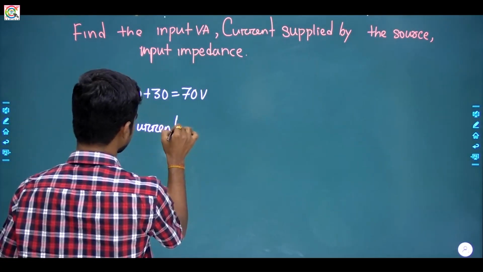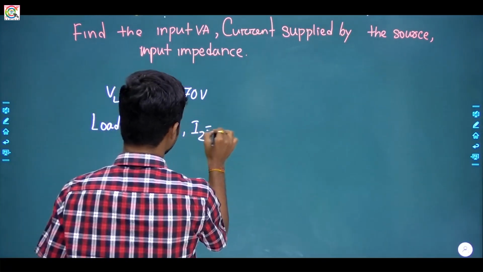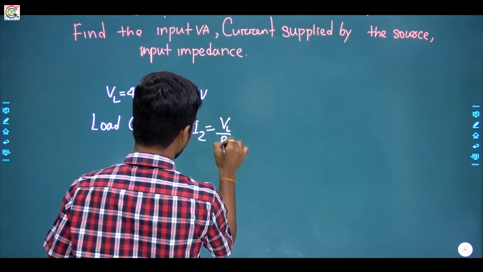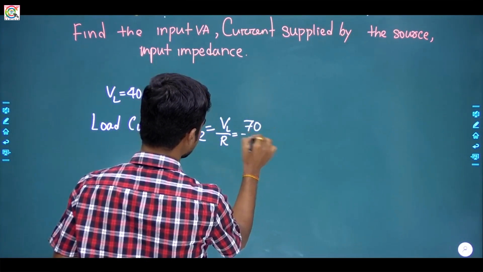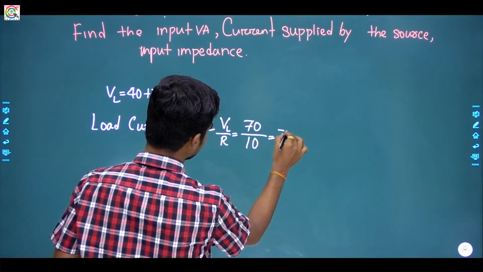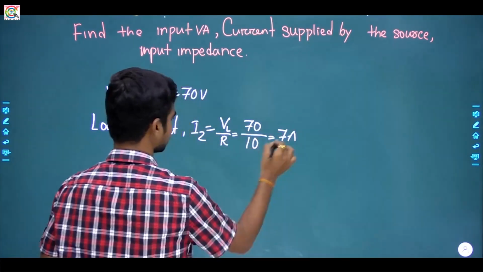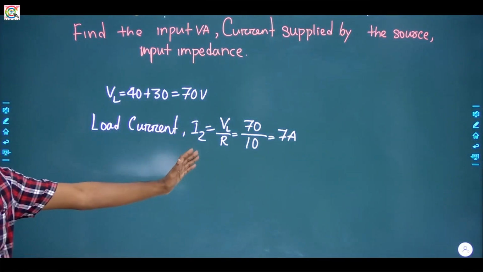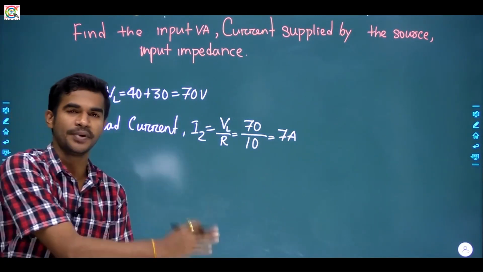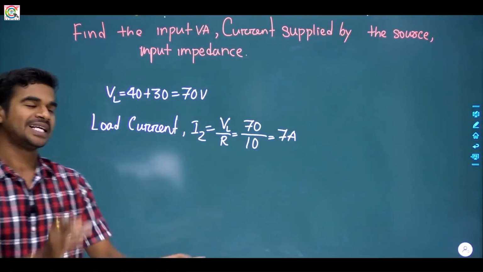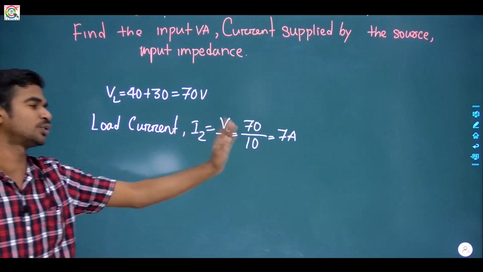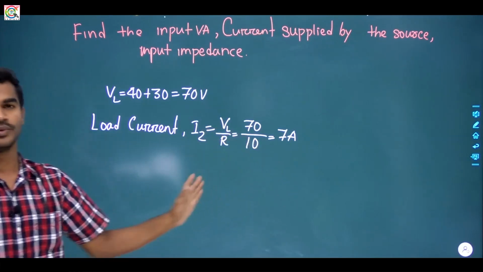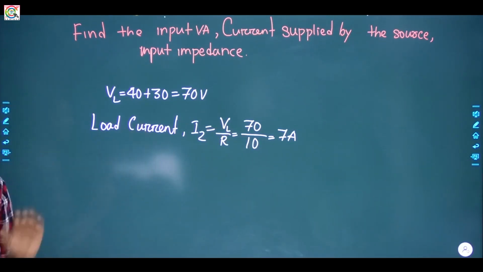It will be I2 given by VL by R. So VL is 70, R is 10, that is 7 ampere. From this data, can you tell me the input current or the source current? No, you cannot find the source current from this data.